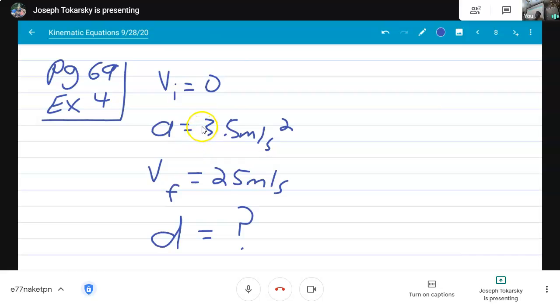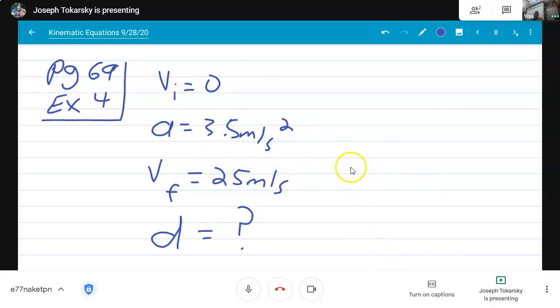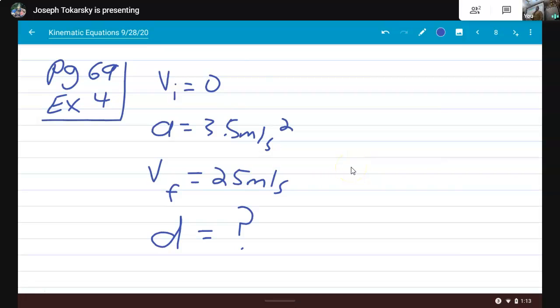So that just tells me that I shouldn't slap a negative on here. But if I slapped a negative on there, that would mean slowing down. That's not what the problem's saying. But sometimes you're going to have to. Don't just assume that they're good. The only time you could assume you're good is if it physically puts a sign on it in the problem. If you see a plus sign in front of it, that guarantees you it's positive, all right? They're not going to fool you like that. If they put a minus sign on it for you, you could trust that.